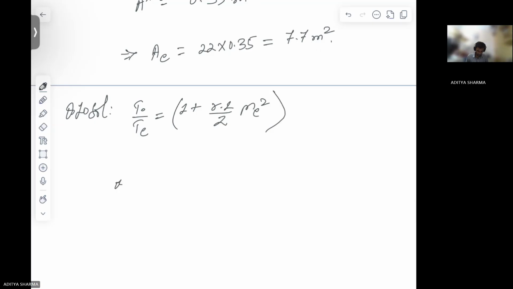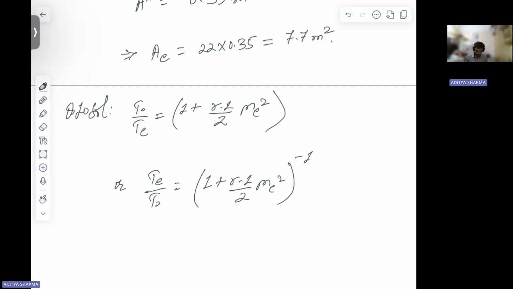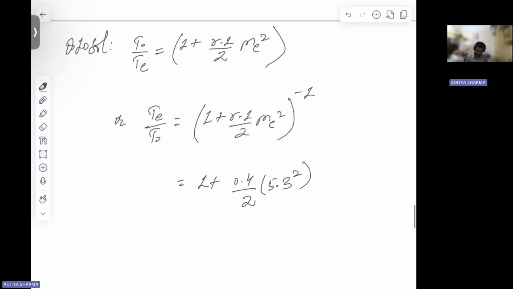Or your T exit by this 1 plus gamma minus 1 by 2. We'll write it this way. Then this becomes 1 plus, gamma 1.4 we will take. So this will become 0.4 by 2. At exit, your Mach is 5.3. So this is there.